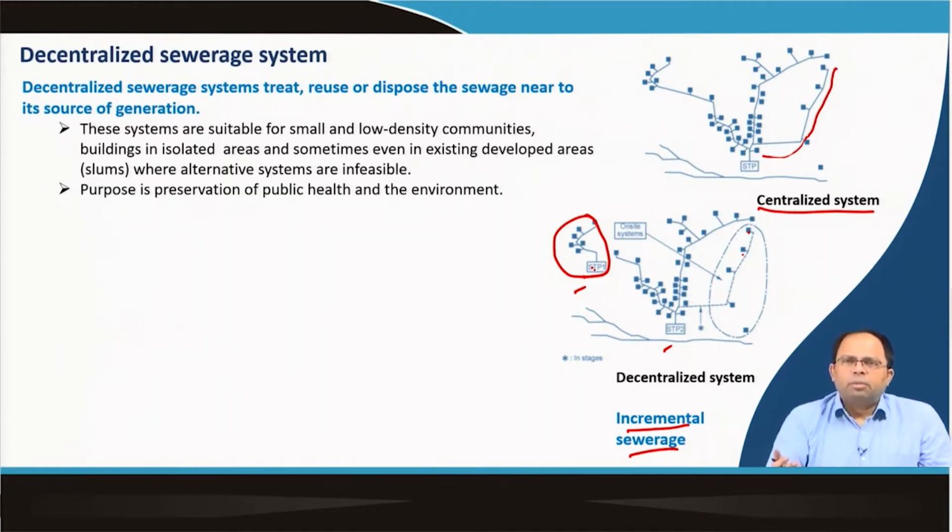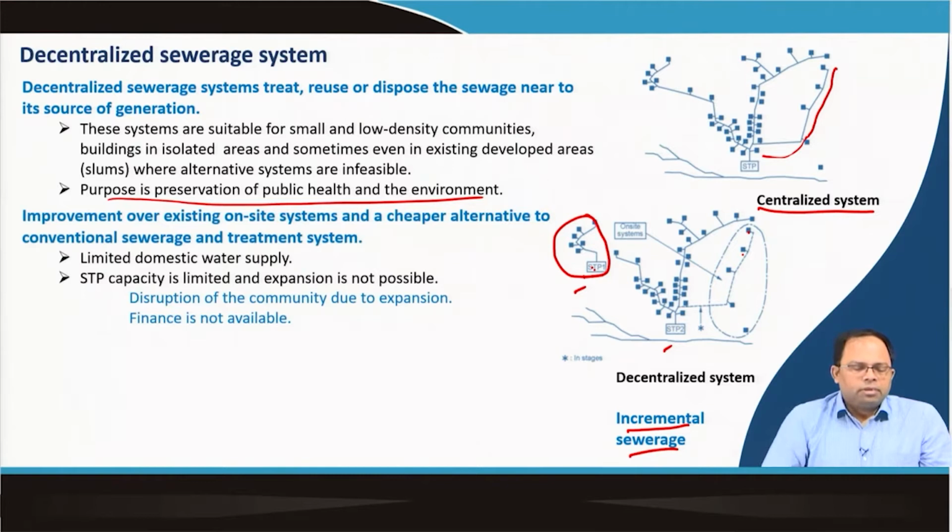Sometimes it creates problems, right. Then we have to have a lifting station for that sewage, so it will increase the cost. To reduce that, it is sometimes better to construct a local treatment, or in cases like slums, because there is no space at all, we can also go for this kind of system. Then one of the primary purposes is of course preservation of primary health and environment.